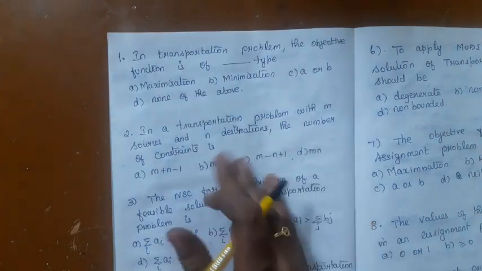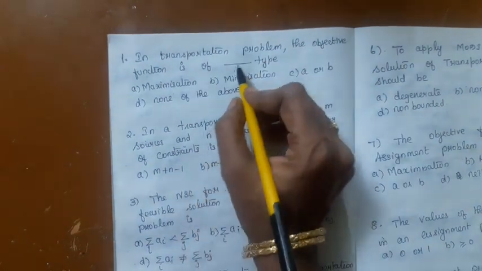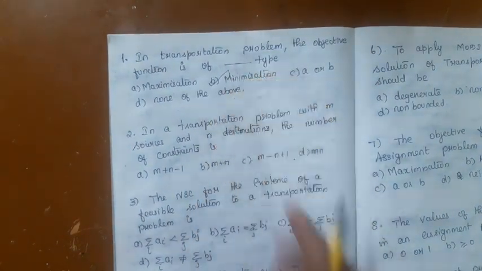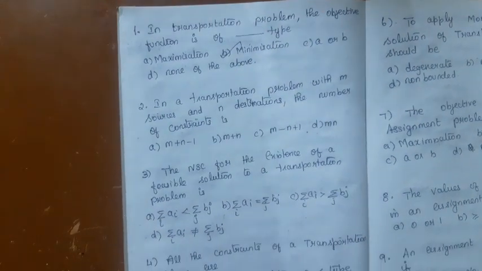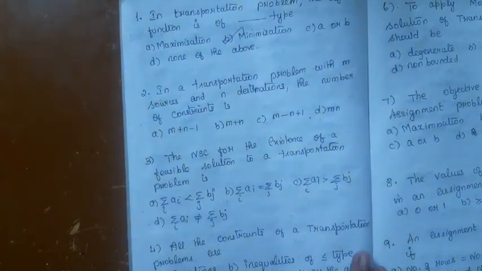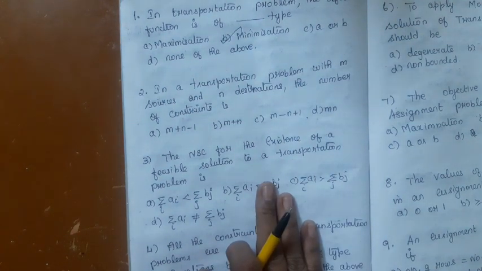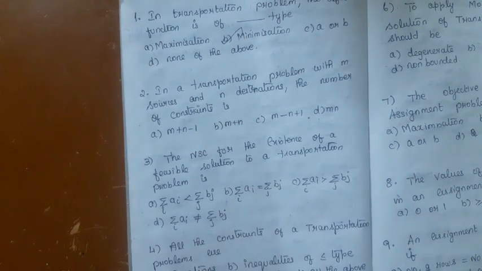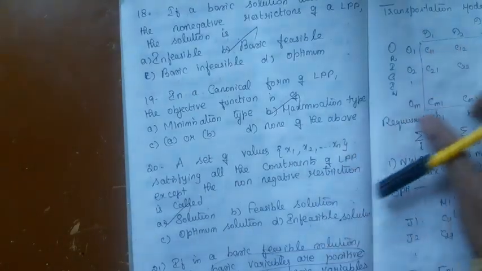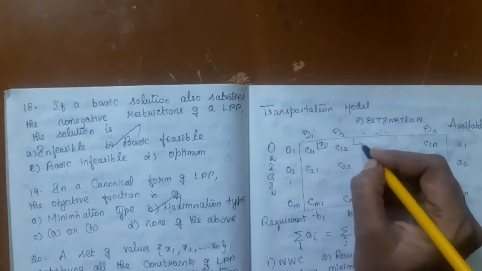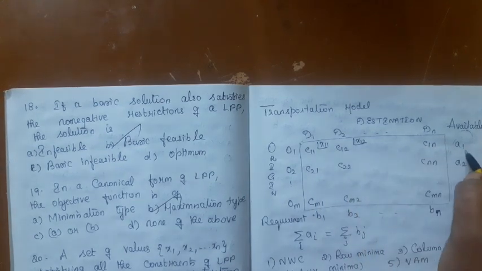In transportation problem, the objective is to minimize the transportation cost, minimization type. In a transportation problem with M sources and N destinations, the number of constraints is equal to, see, for each row you have a constraint that summation of these xij variables is equal to A1.